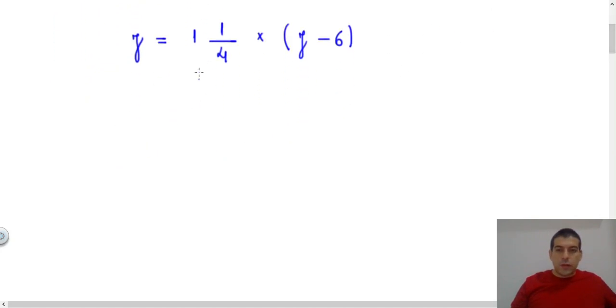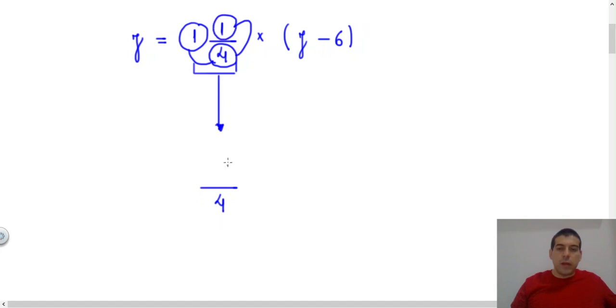To solve this equation, I will just switch this mixed number to an improper fraction, okay? How can we do that? In order to do that, I just need to keep the denominator and multiply the whole part times the denominator and then add the result to the numerator in order to find the new numerator.